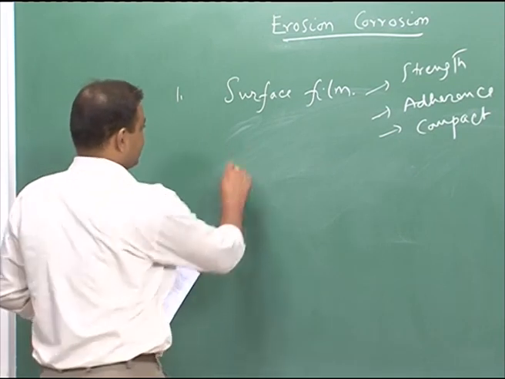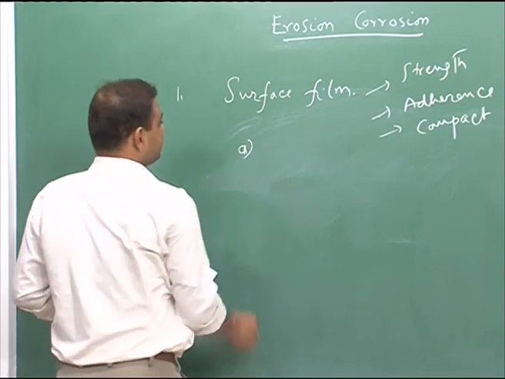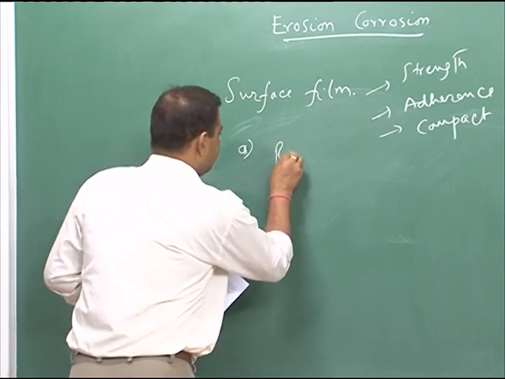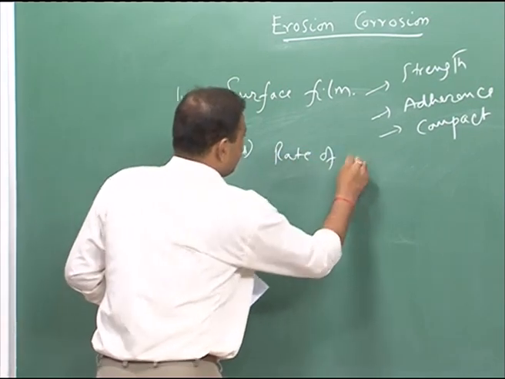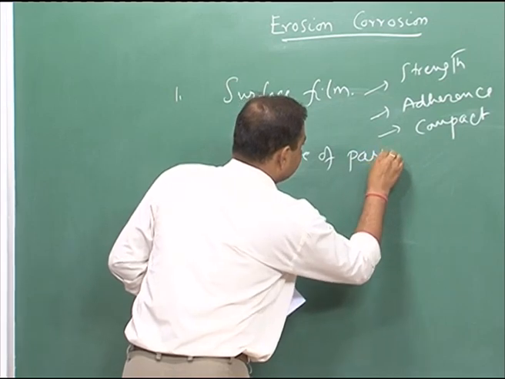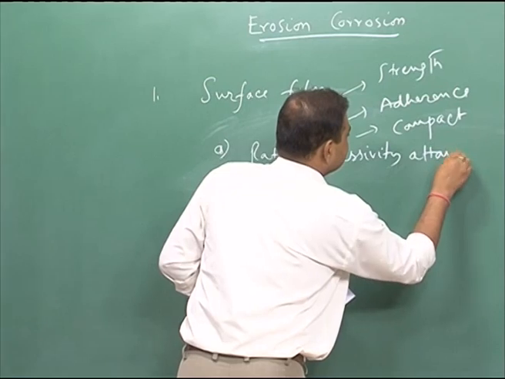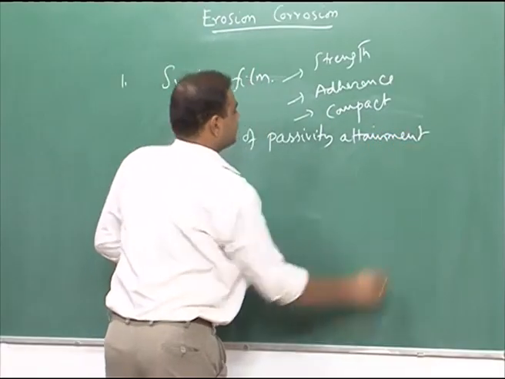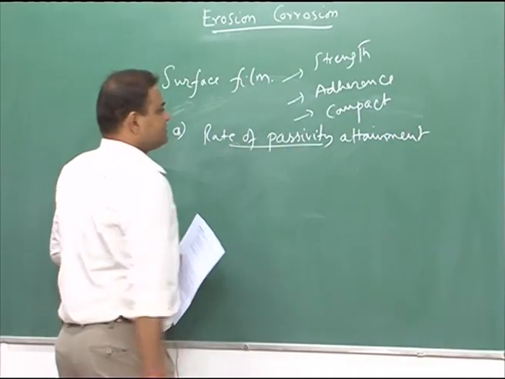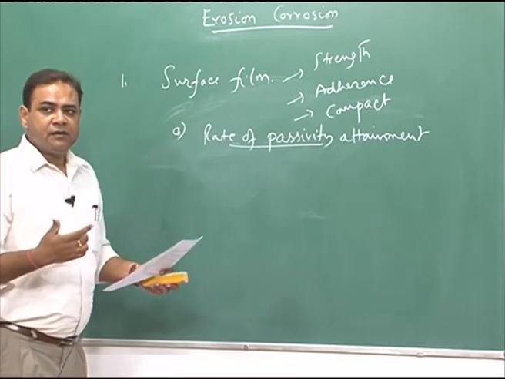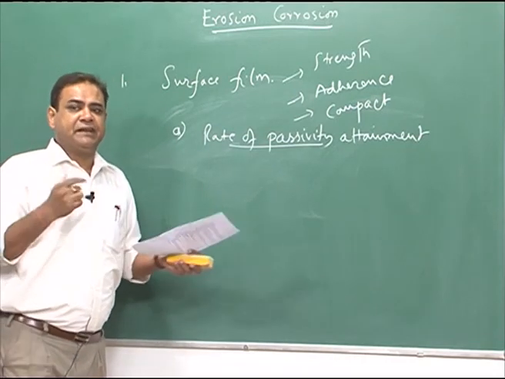And there are two other criteria. One is the rate of passivity attainment.